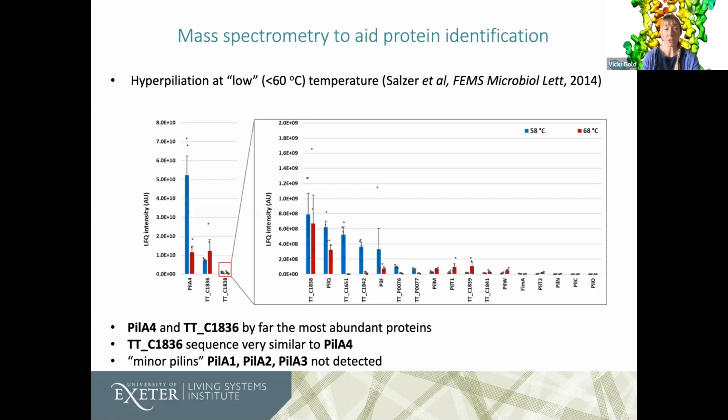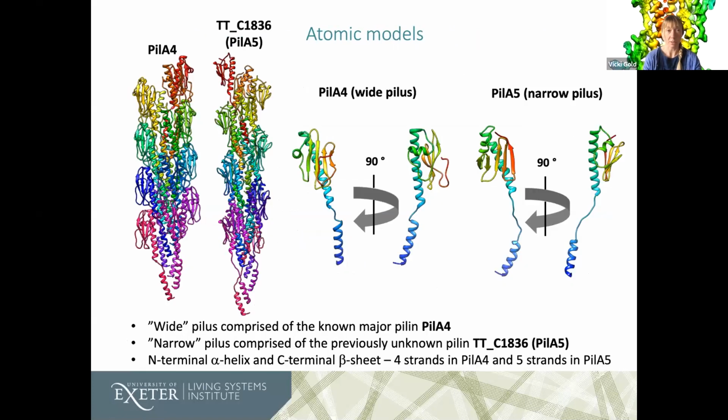Now, the resolution of our EM maps was sufficient to build atomic models, and guided by these mass spectrometry results, we could fit the sequence for pili 4 into the wide pilus and the sequence for TTC-1836 into the narrow pilus. We now propose that TTC-1836 be called pili 5.